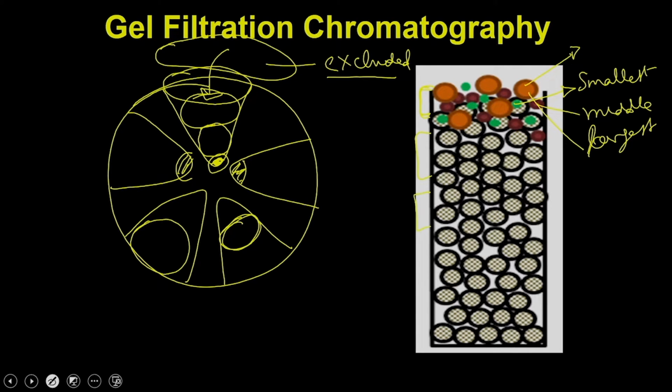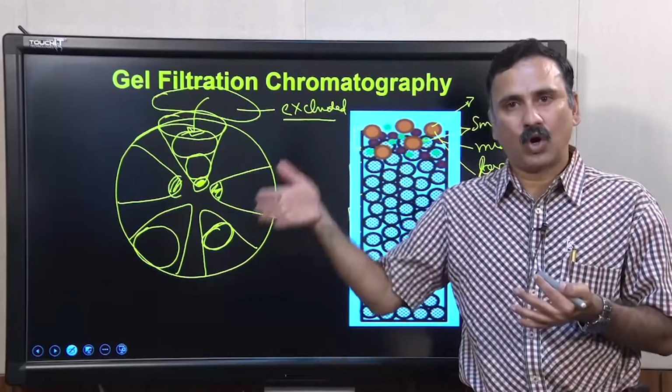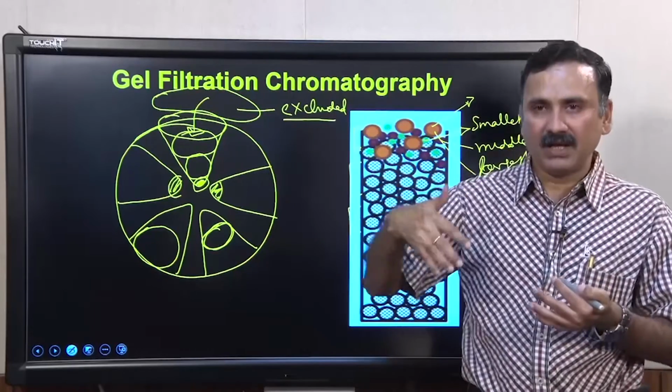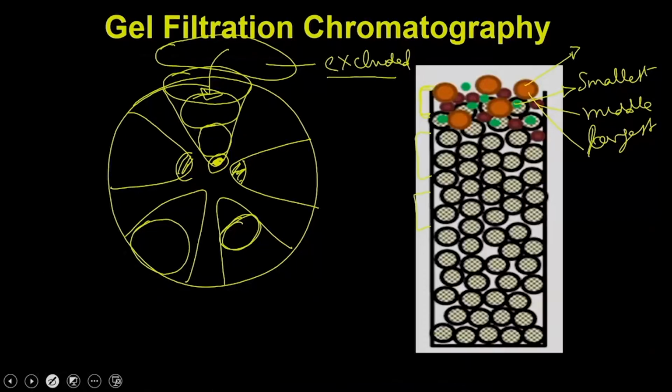As a result, on running the mobile phase, the green, red and orange get separated as they travel throughout the column. The green ones travel from the first layer up to this point.